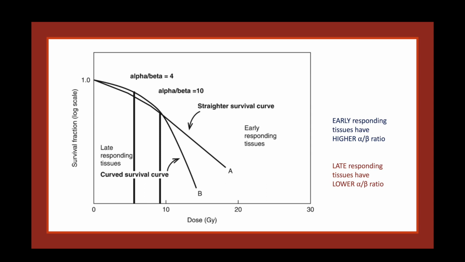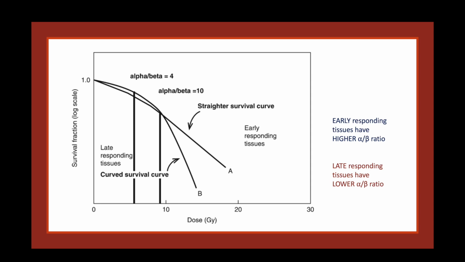However, as that dose increases, as we get above 10, above 12 gray, there becomes a much sharper difference between these two curves, between curve A and B. And you can see that lower alpha beta ratio, so that's curve B, is much more sensitive to the radiation at a higher dose per fraction.